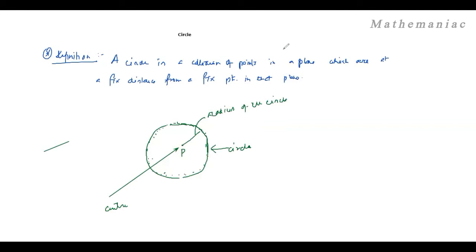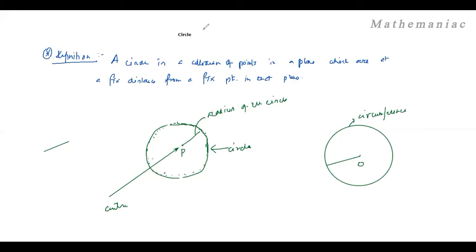Overall, if we go for a perfect sense, the circle will look like this, where the center is here, and any line segment from here to the circle is the radius. This is what we already know. And the length of the outside boundary is called the circumference of the circle. So this is all about the circle definition.